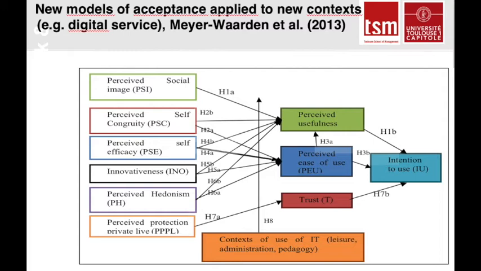And we actually validated the impact of social image, self-congruity, efficacy, innovativeness, hedonism, and perceived privacy concerns, or perceived protection of private lives, on perceived usefulness, and subsequently on the intention of use. We also showed that the impact of these variables varied according to the context of usage of IT, namely leisure, administration, and pedagogy.